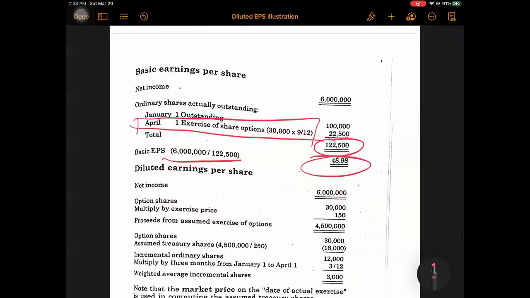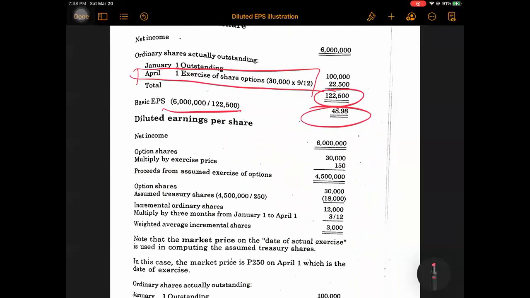How about the diluted earnings per share? The computation is actually the same, so still it's 12,000 incremental ordinary shares. But take note that this is not the same as earlier with your preference shares or convertibles. There, if there's actual conversion, we no longer average, regardless, if it was outstanding on January 1.